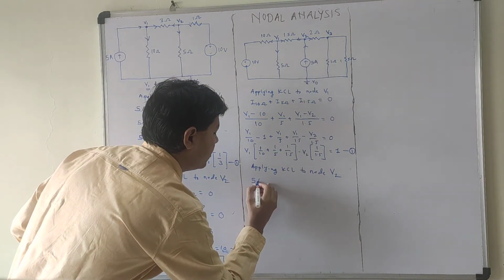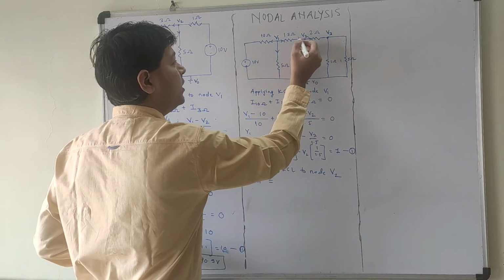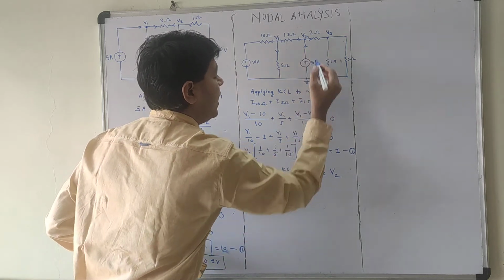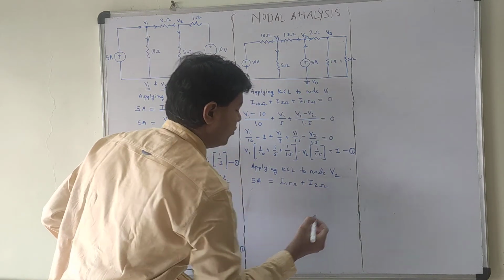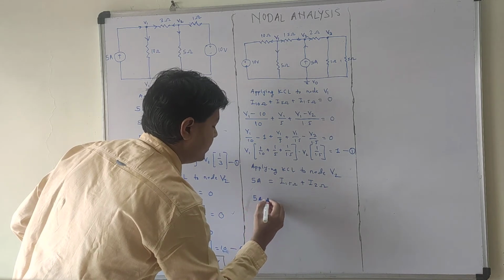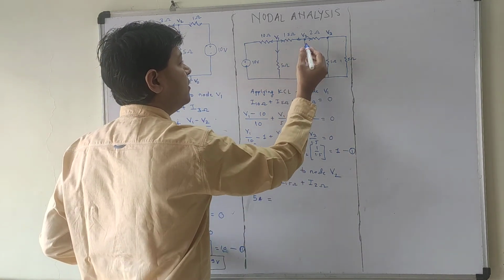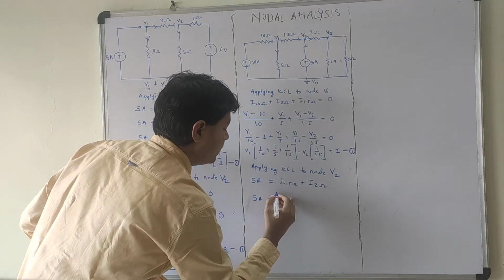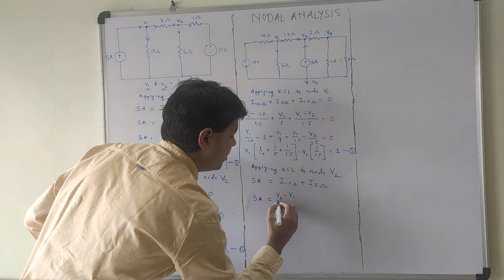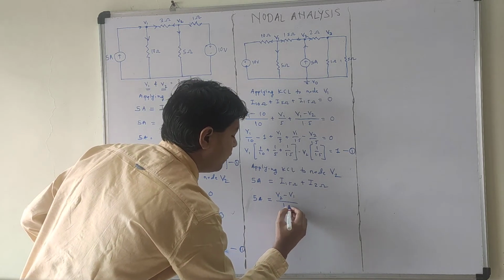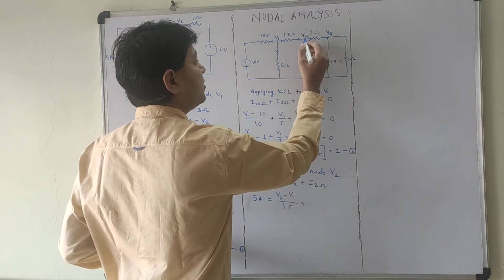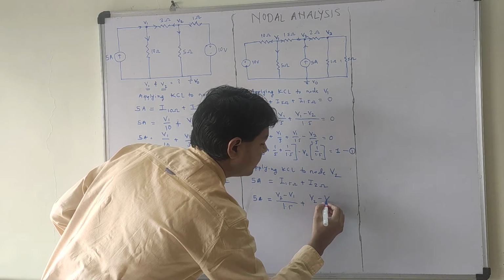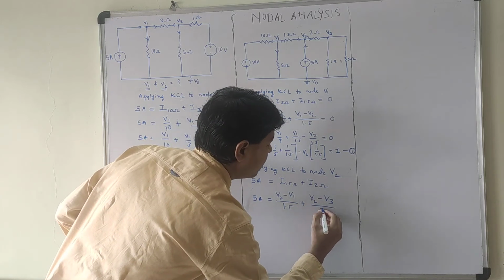So the 5 ampere current source is getting divided into I 1.5 ohm plus I 2 ohm. 5 ampere is equal to I 1.5 ohm, which is given by, for this case current is flowing from this potential to this potential, so this is (V2 minus V1) divided by 1.5, plus, for this case current is flowing from this potential to this potential, so this is (V2 minus V3) divided by 2.